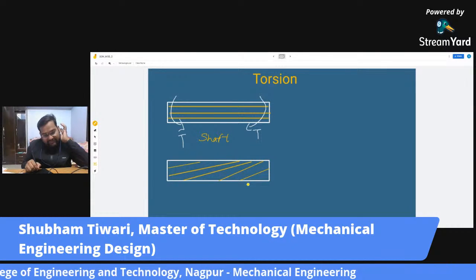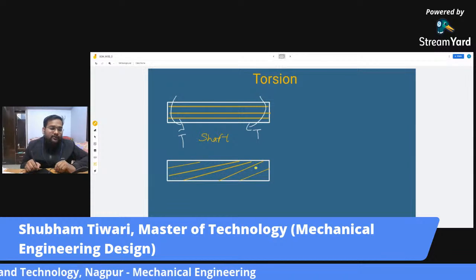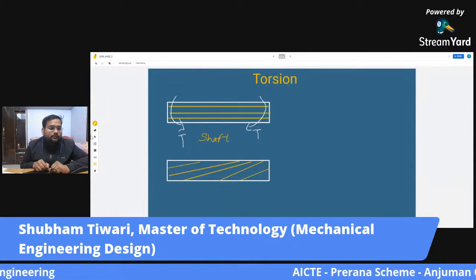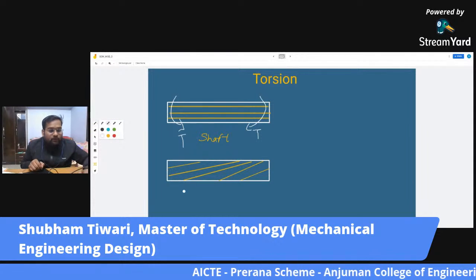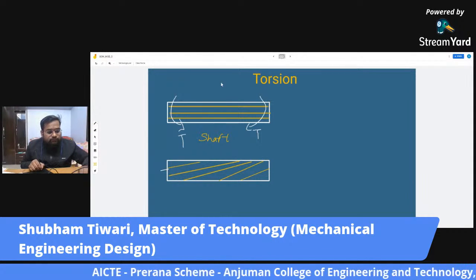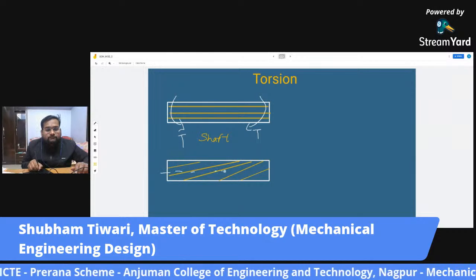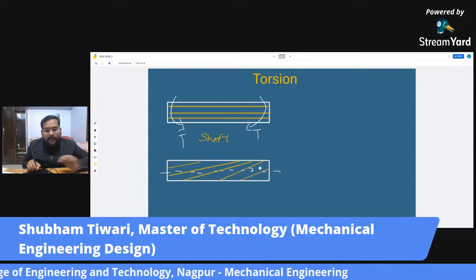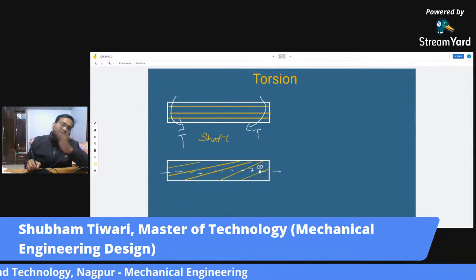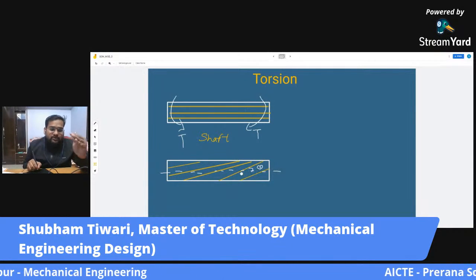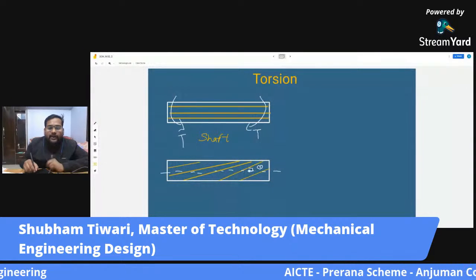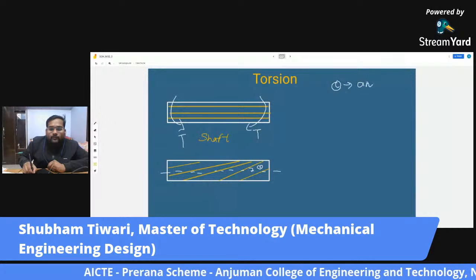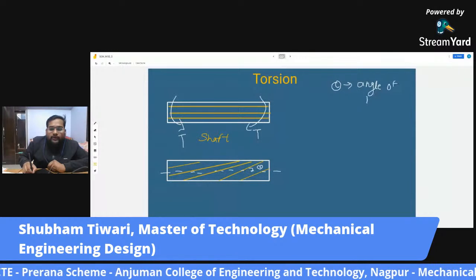So in the diagram here, the lines are parallel. If you look at that paper of yours, the angle by which these layers get inclined is known as the angle of twist.